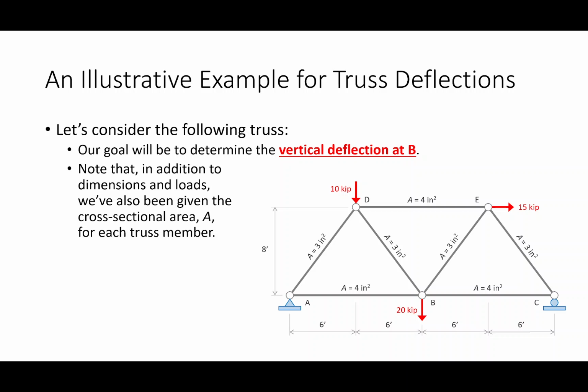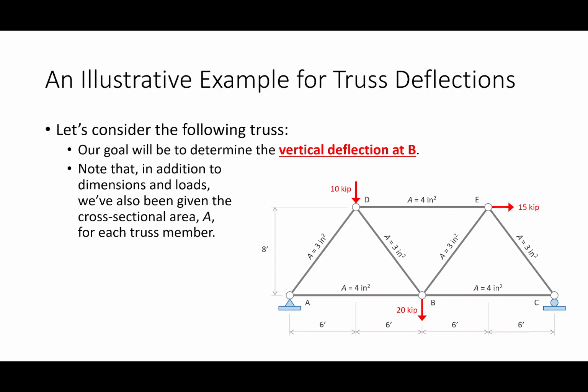In other words, these horizontal members are a little bit beefier than the diagonal members. Everybody see that? So I'm giving you that information that I didn't give you before. That didn't matter. And for a statically determinate structure, it does not matter, okay?